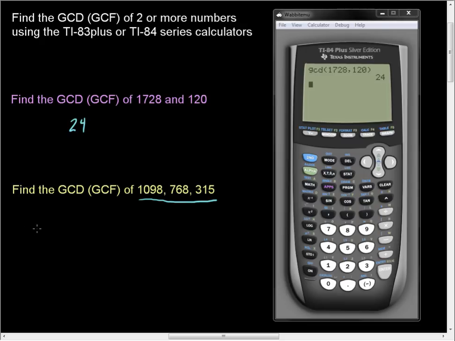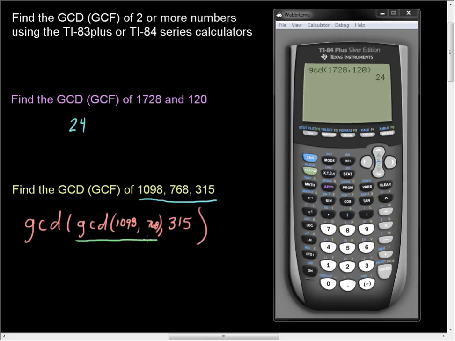We're going to find the greatest common divisor of 315 and some other number, but that other number must also be the greatest common divisor of 1098 and 768. So we're going to embed this second GCD function within our outer function.